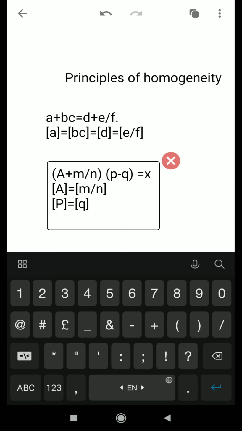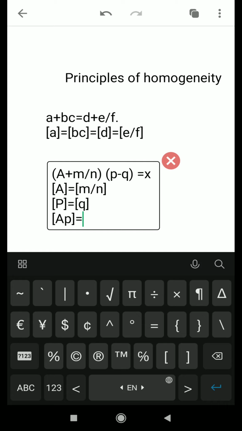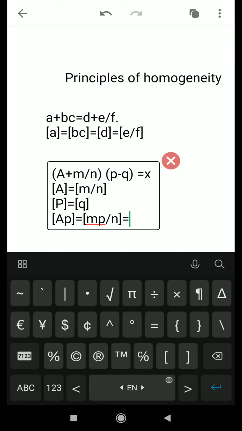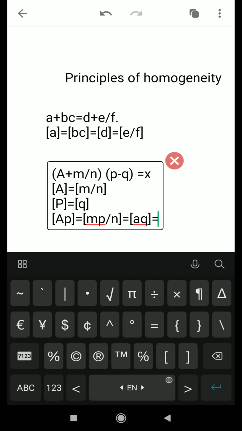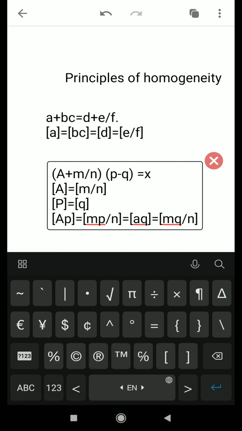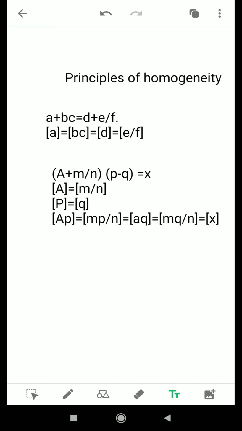So dimension of AP equals dimension of MP by N, equals dimensions of AQ, equals dimensions of MQ by N, equals the dimension of X. Clear? So from these equations you can tell this.